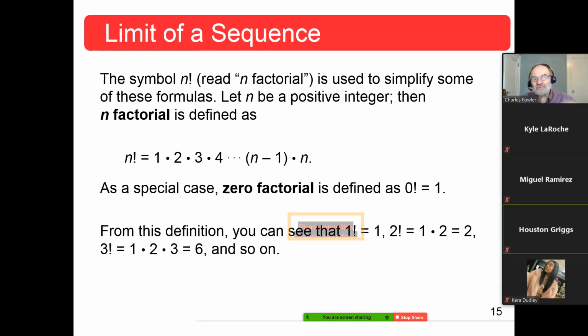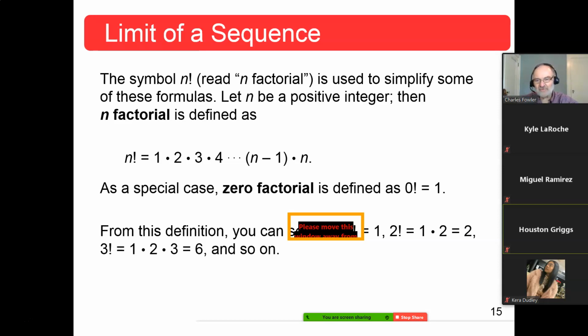The factorials get big really fast. Okay? So that's what we mean by factorial. They start multiplying from 1 going up to n. I usually start with n and go down to 1.